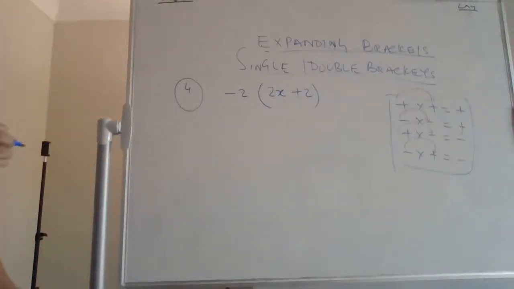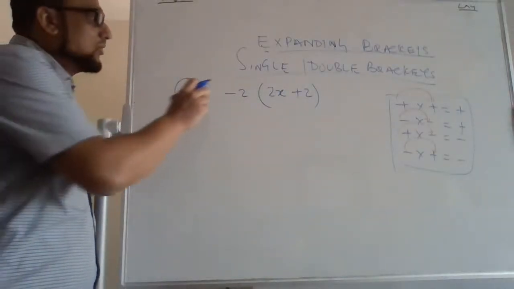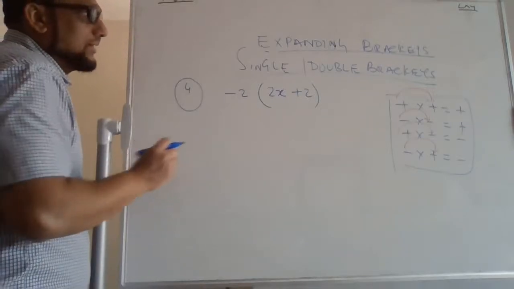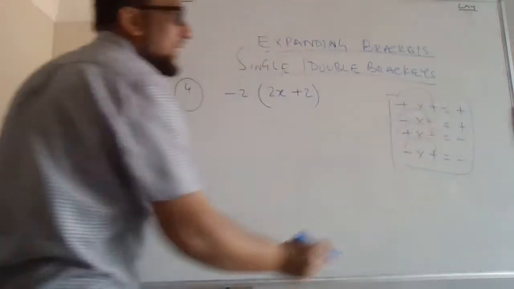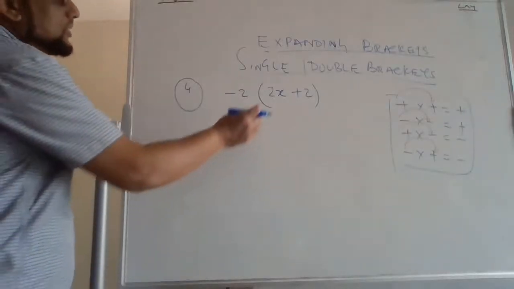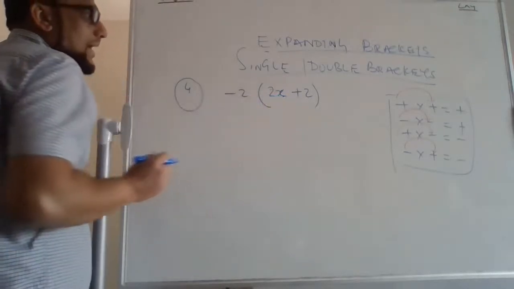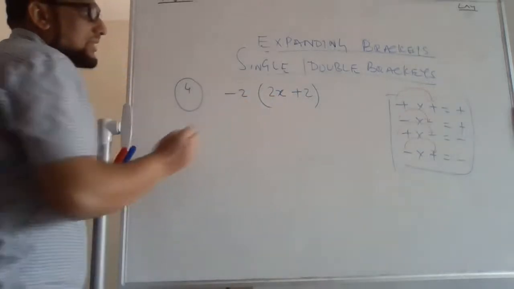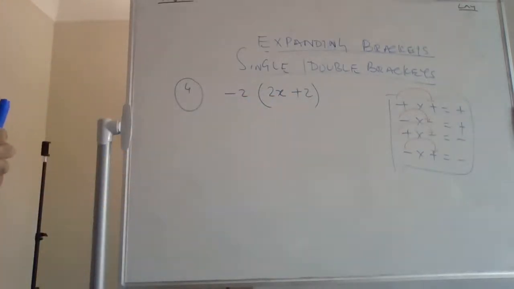Whenever you have a minus sign, you need to check the rules which I explained. 2x has a sign which, if nothing is written, by default is positive.